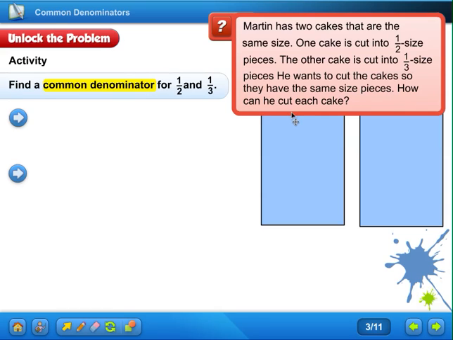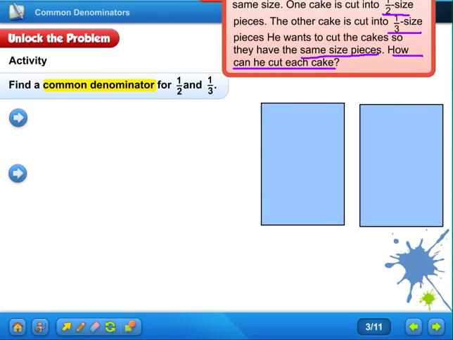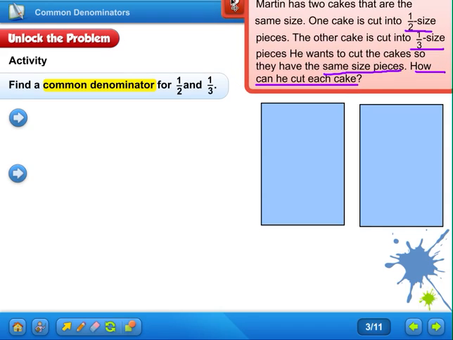How can he cut each cake? So we know that one is going to be cut into 1/2. One is going to be cut into 1/3. And he wants them cut into the same size pieces. How can he cut each piece of cake? Okay, I'm going to move this up here so we can see everything.